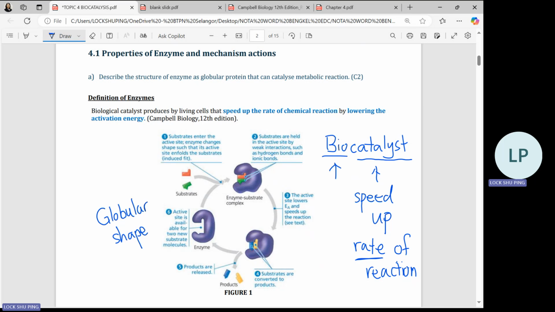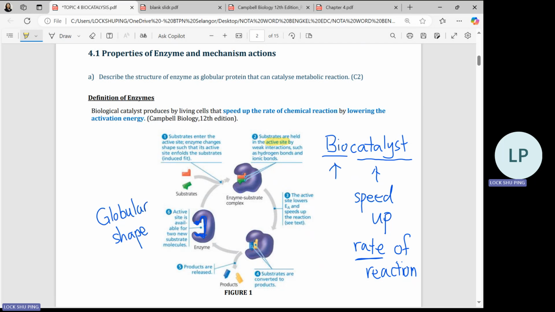And in the structure of an enzyme, there is definitely a location which enables it to bind with the substrate. This particular site that enables binding with the substrate is known as the active site. It's known as the active site, which is here. Okay, the specific shape of the protein or enzyme is known as the conformation.